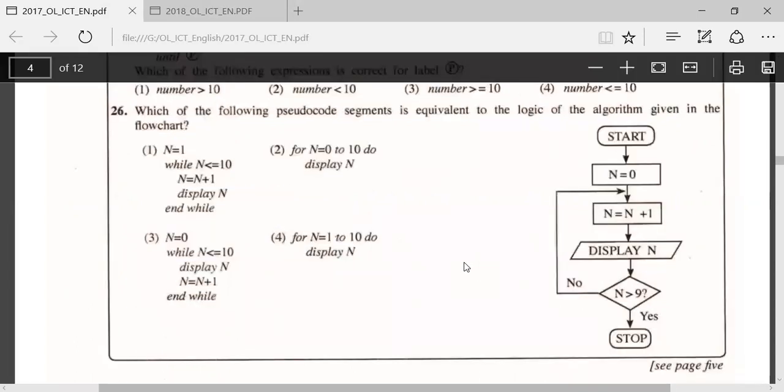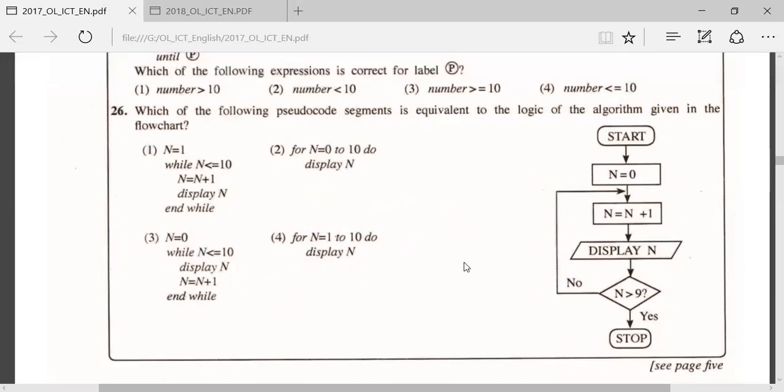Question number 26. Which of the following pseudocode segments is equivalent to the logic of the algorithm given in the flow chart? So in the flow chart, there is an algorithm given. The question is, which of the following pseudocode segments is equivalent to the logic of the algorithm given in the flowchart?